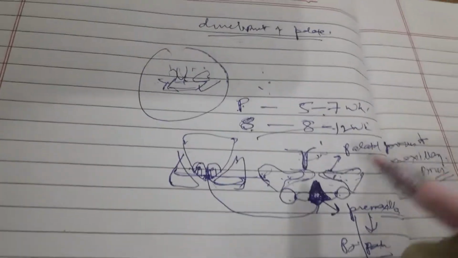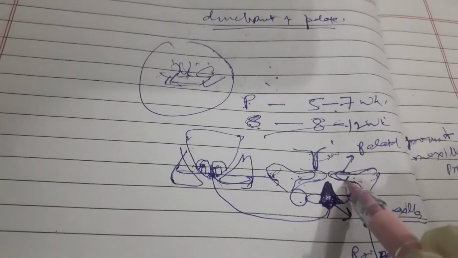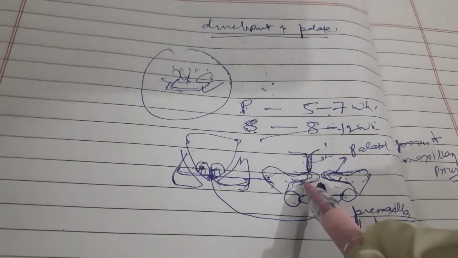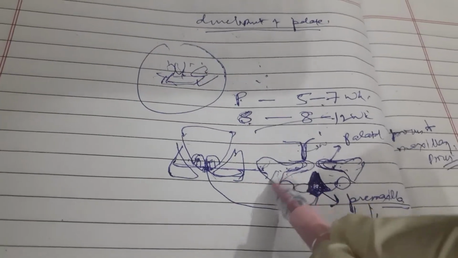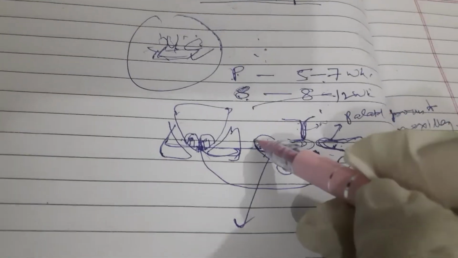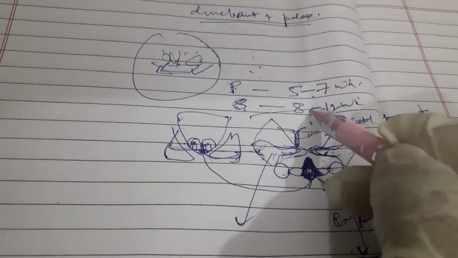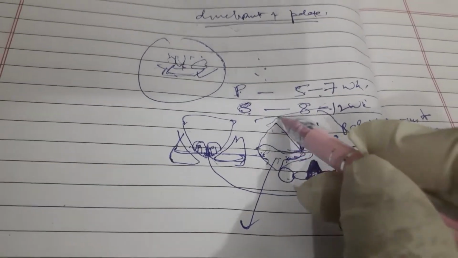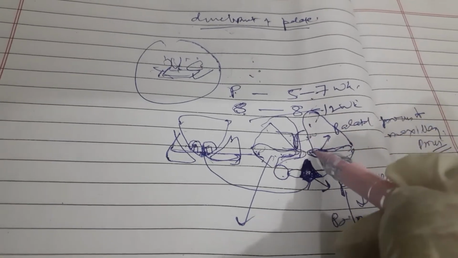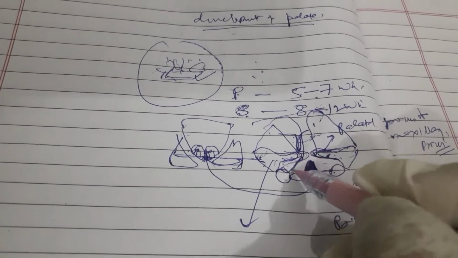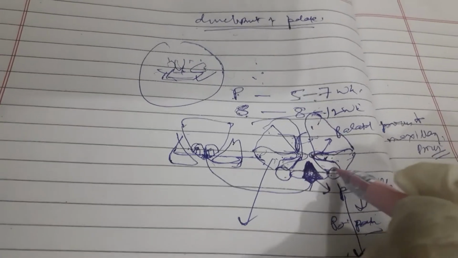But we are dealing with the palate, so these two unite to form the secondary palate. Okay, and there is also a backward extension like this, and this will come here and like this.